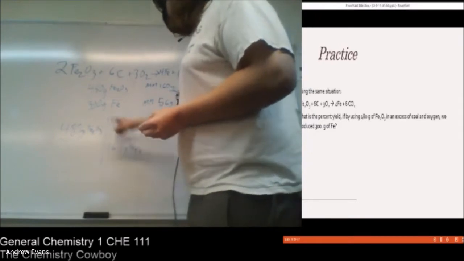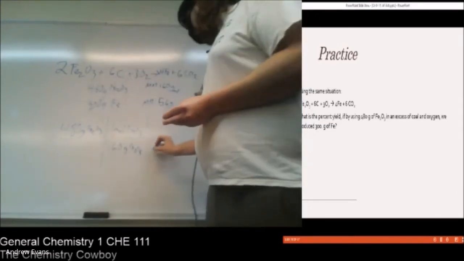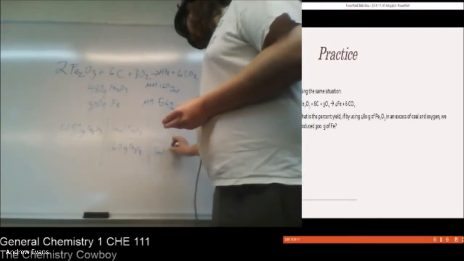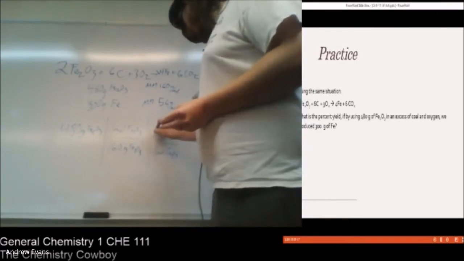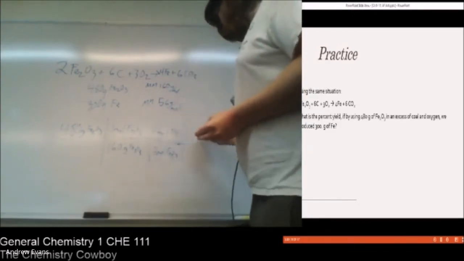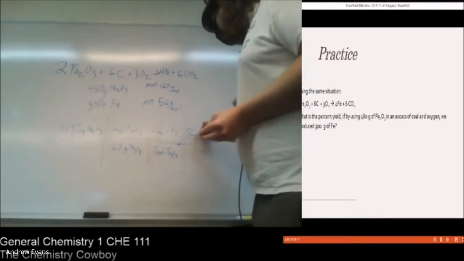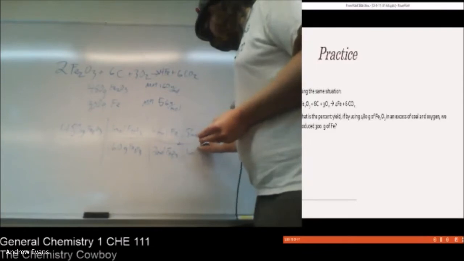Use our balanced chemical equation to convert into moles of iron. So divide by 2 moles of Fe2O3 per 4 moles of Fe. Then I use my molar mass, 56 grams of iron per 1 mole of iron.